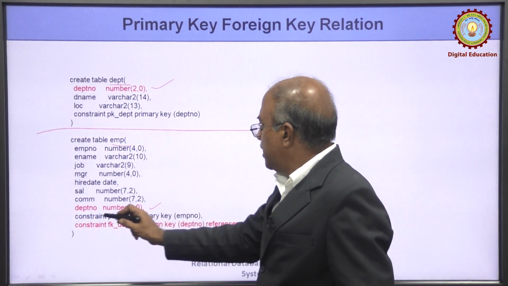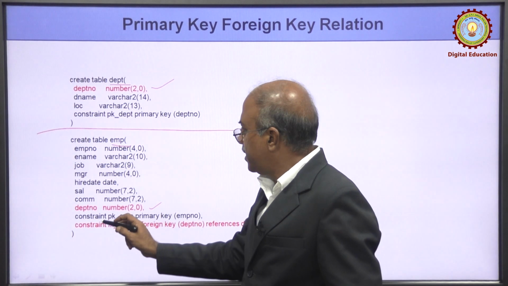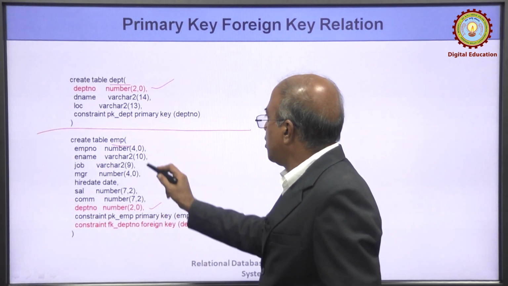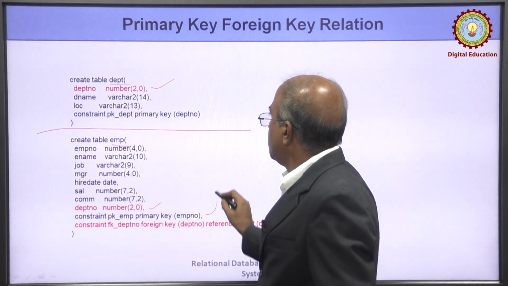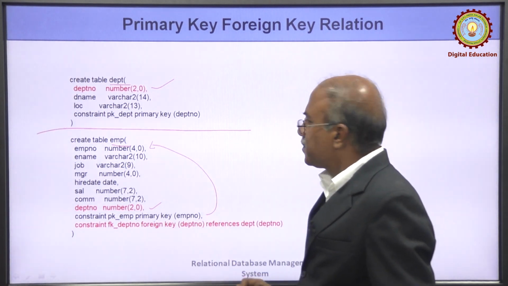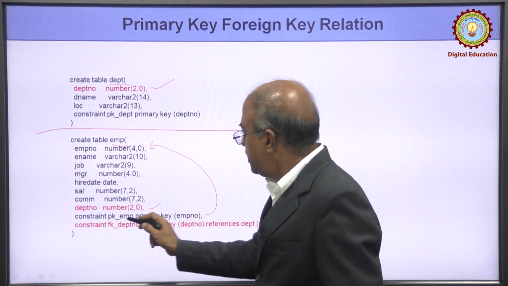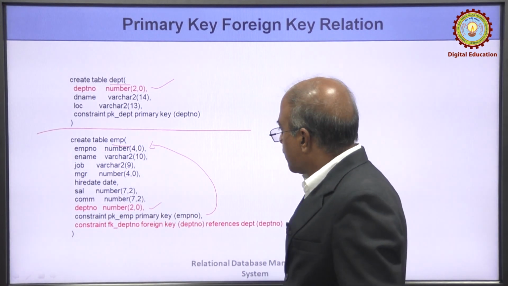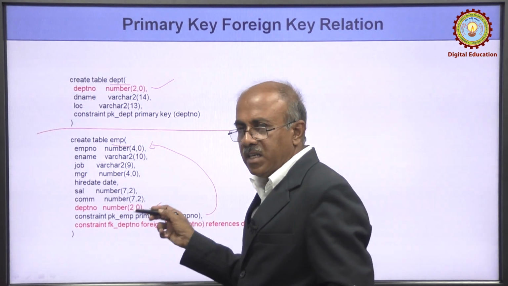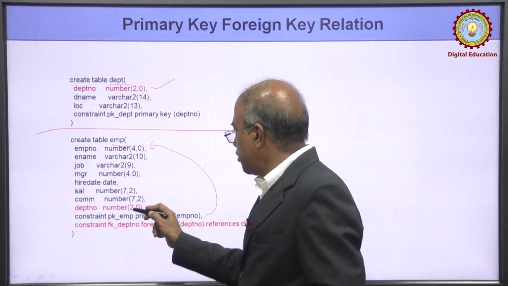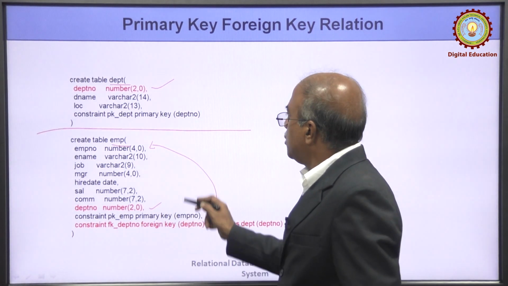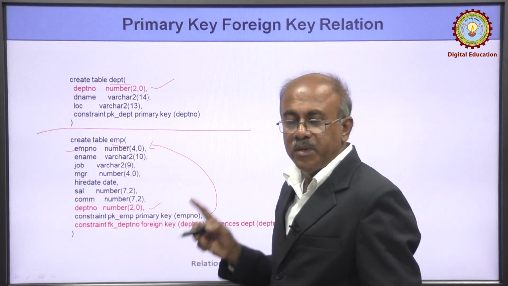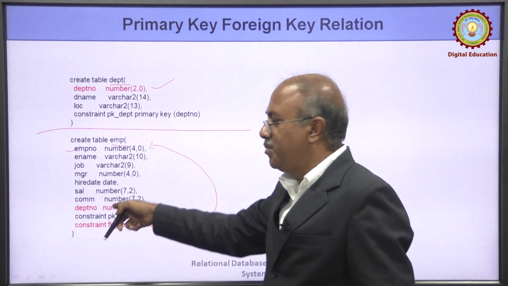Now we are specifying some constraints here. Constraint PK underscore EMP, primary key constraint on employee number, and the name of the constraint is PK underscore EMP. You can give any name to the constraint. The constraint is to maintain the primary key, the attribute which will be primary key for this table EMP.